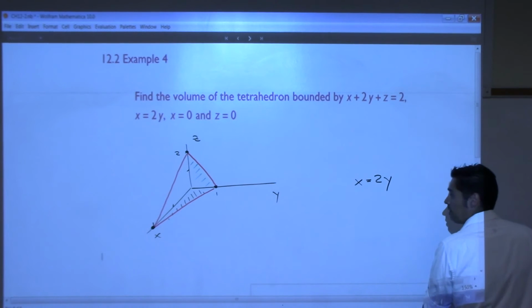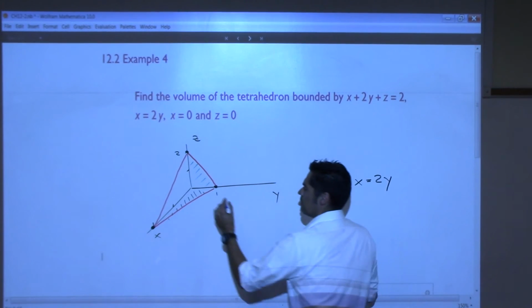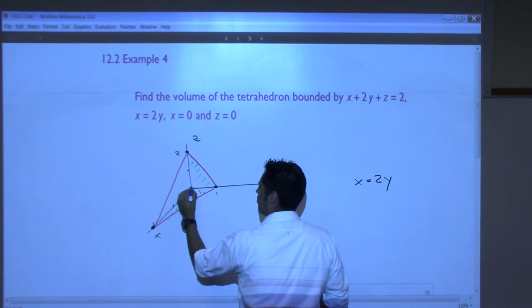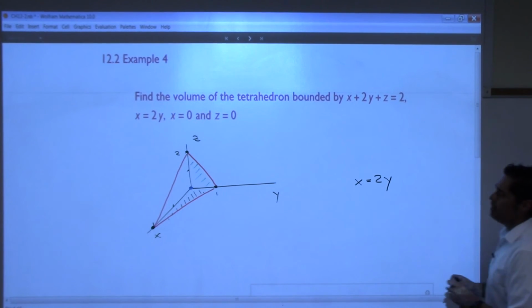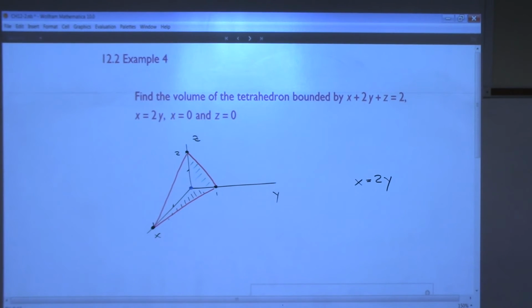So let's see what color I've got left here. I know this point lives on the plane. What other point lives on this plane? Let's draw something that's on the xy plane. So let's let z be 0. Give me another solution to that. X is 2, and y is 1, right?